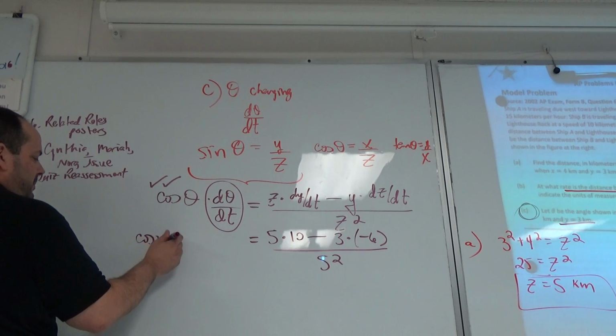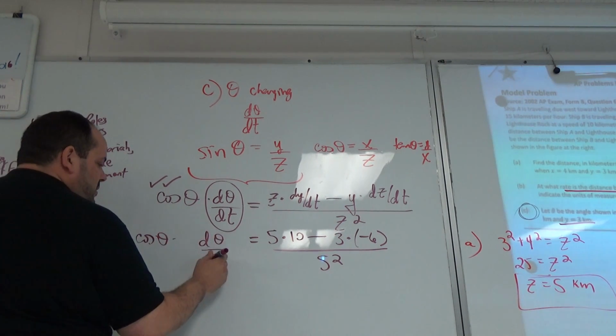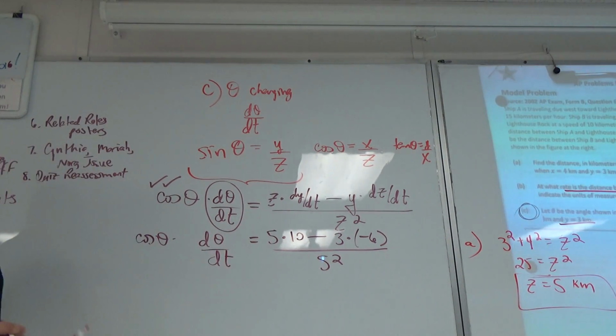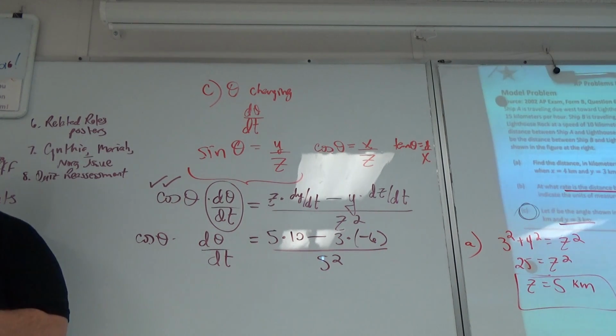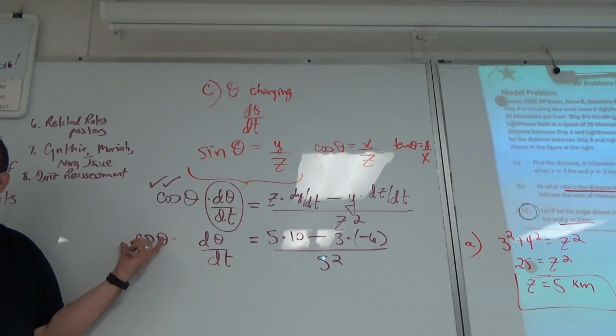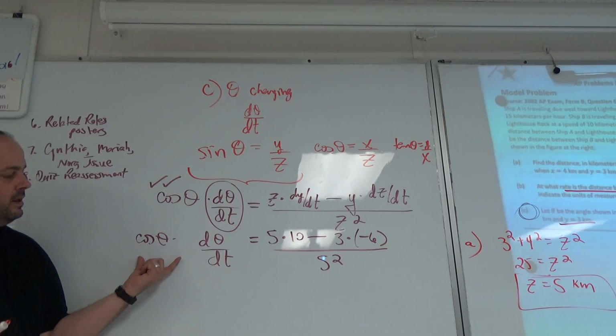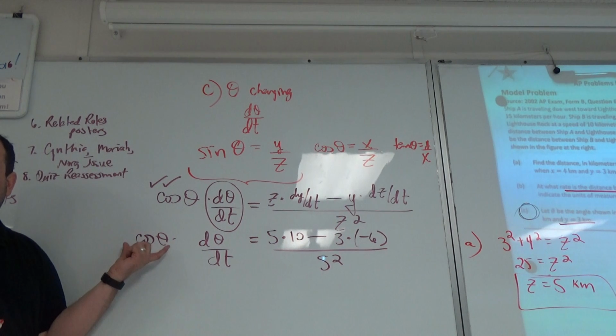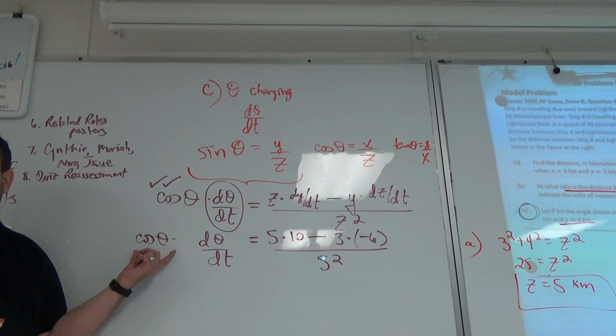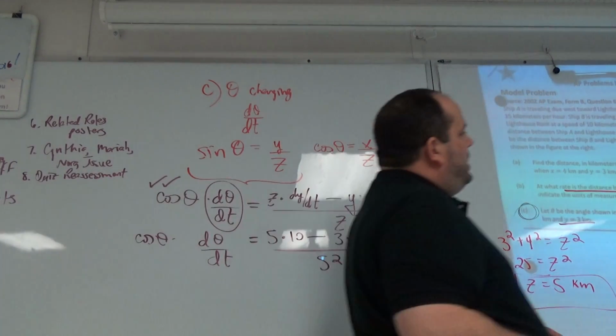Now, here's the problem. What's cosine theta? Cosine of theta means adjacent over the hypotenuse. Anybody know the adjacent side at this moment in time? What's the adjacent side? 4.